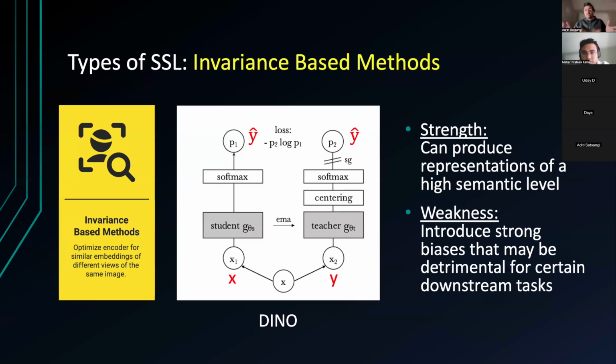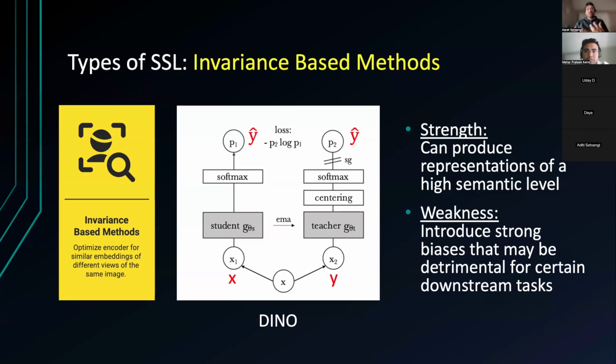If there is an image, there can be a lot of pixel values that you can change minutely and get almost the exact same image again, right? So to get that high semantic level of representation, invariance-based methods perform a lot better than generative methods in that sense.